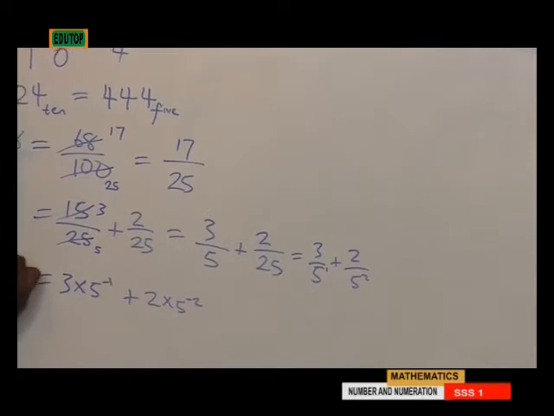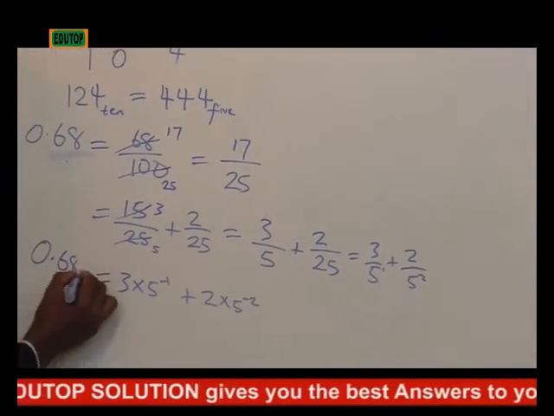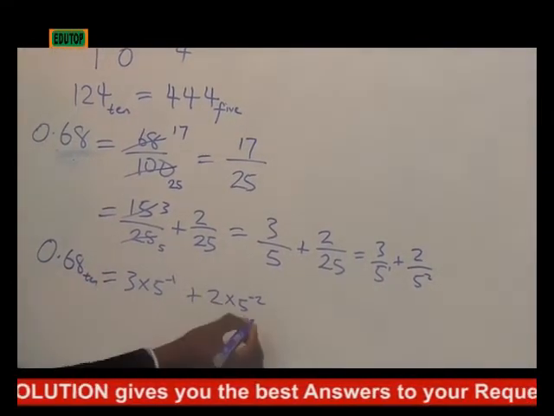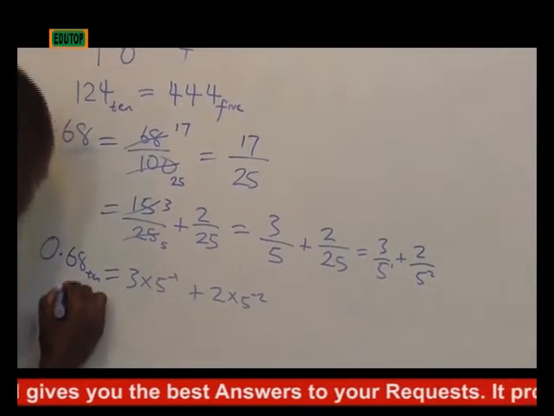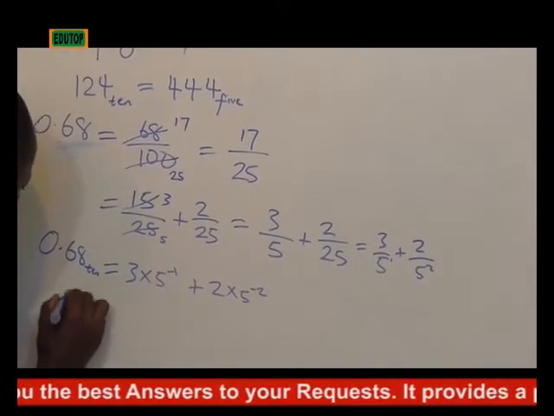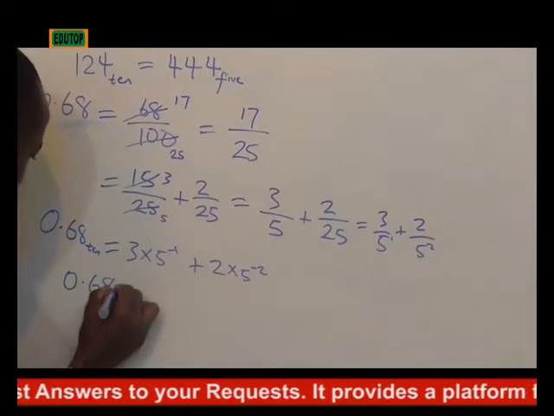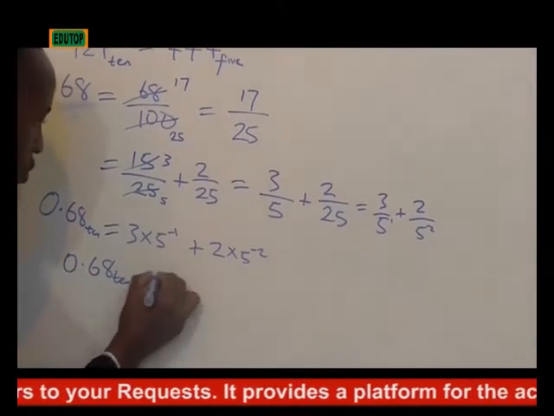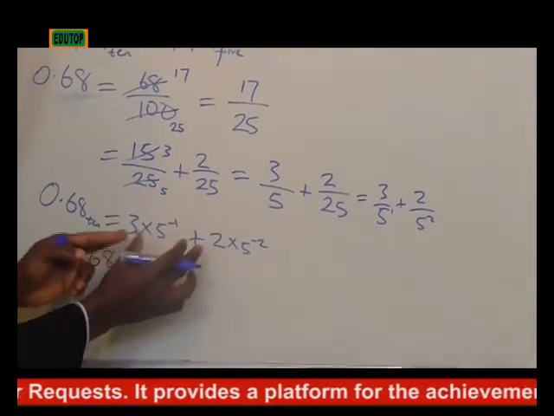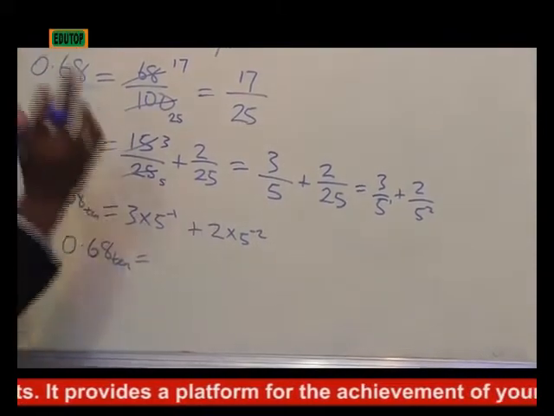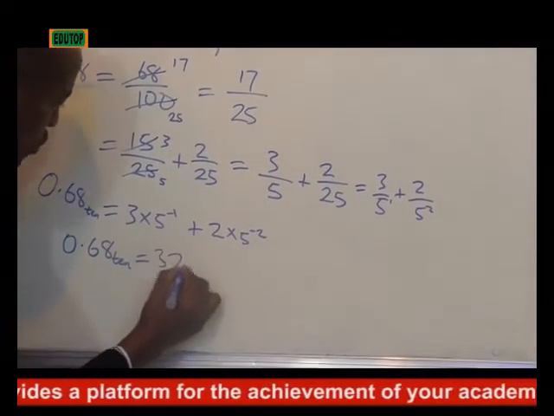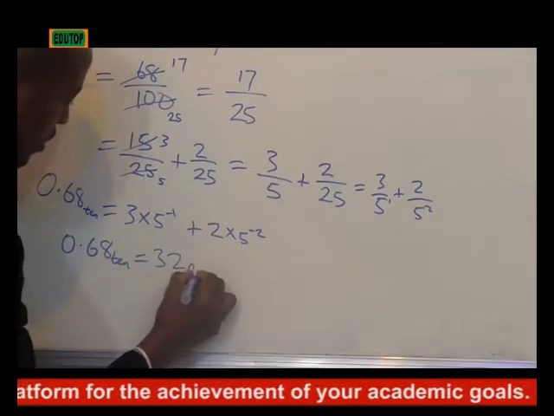That is, 0.68 base 10 is equal to this, which we can then say that 0.68 base 10 is equal to, all we just need to take is just these 2. That will be 0.32 base 5.